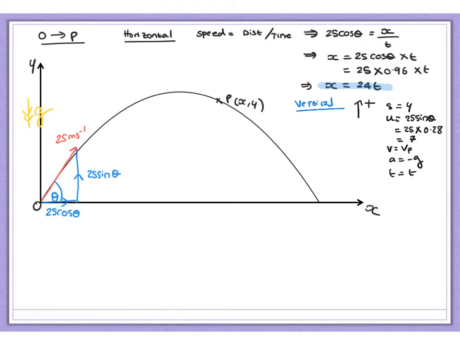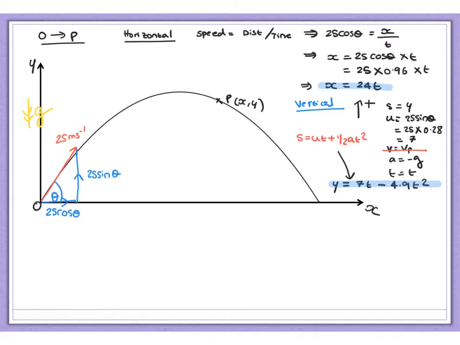So ruling out v here, we're going to make use of s equals ut plus a half at squared again. So I'm going to substitute into this. So y is equal to 7t minus 4.9t squared, that's a half of g, t squared. And I have my second parametric equation of the pair.